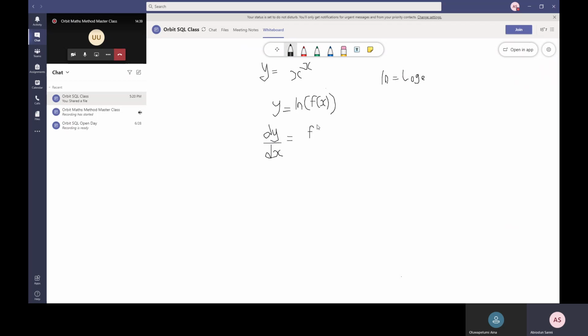So the derivative of ln f of x is f prime of x all over f of x. It means differentiate what is inside the bracket all over what is inside the bracket. That's the derivative of ln. Do we grab that? Yes. So for example, if I want to differentiate ln 2x, it means differentiate 2x. What's the derivative of 2x?